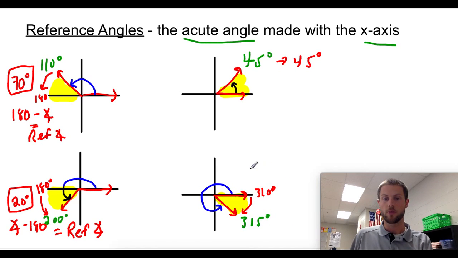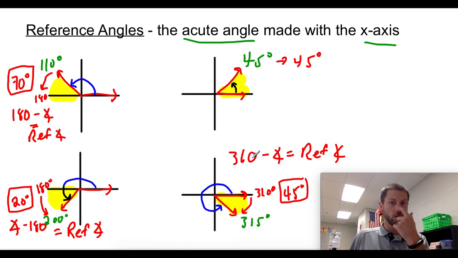Basically, I could think 315 plus what gets me here? That would be 45 degrees. But the shorthand way to generalize it is that 360 degrees minus your angle gives you your reference angle.